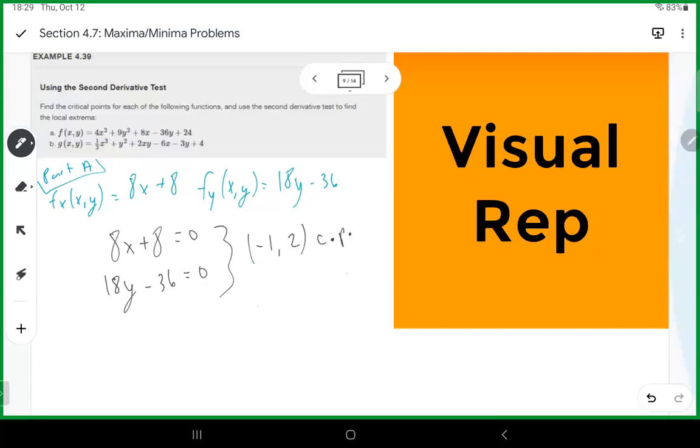All right, step 2 of the problem solving strategy now involves calculating our second derivatives. Calculate the second partial derivatives.